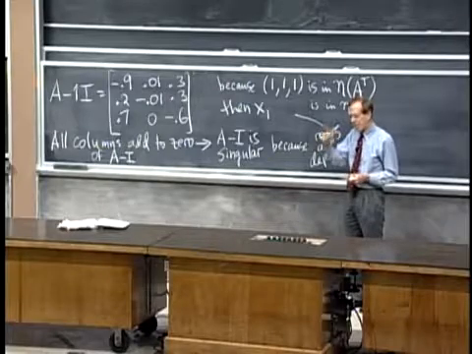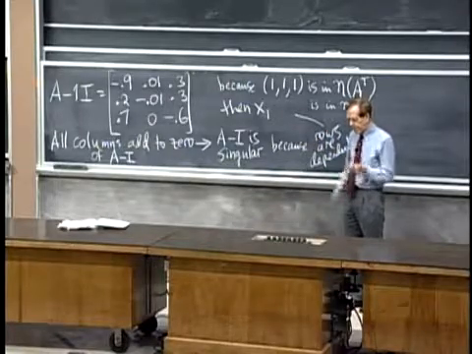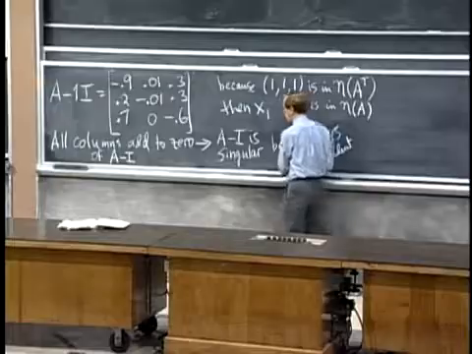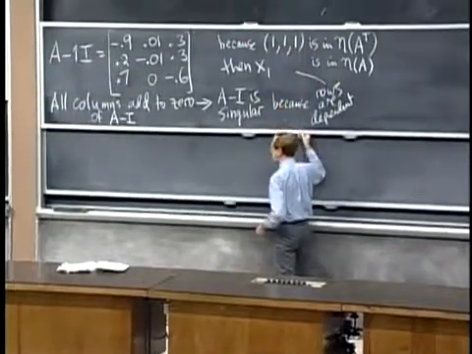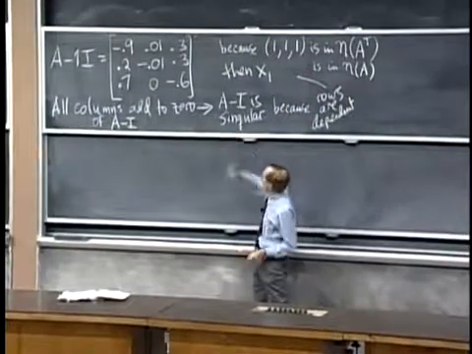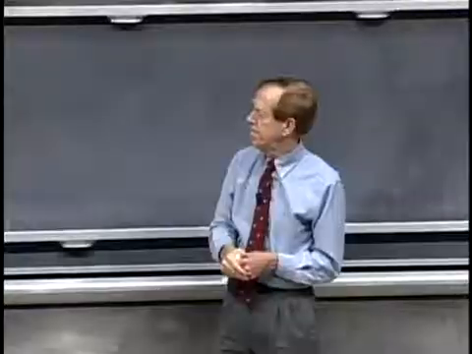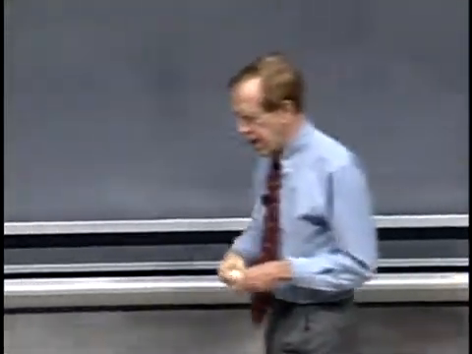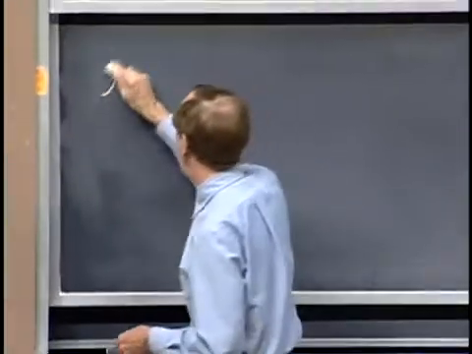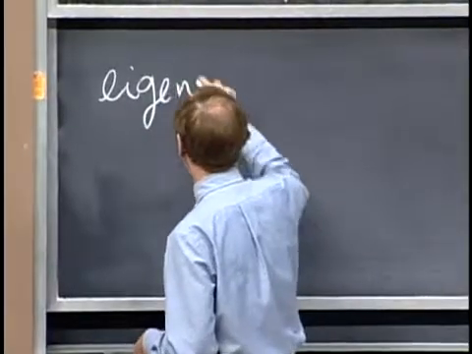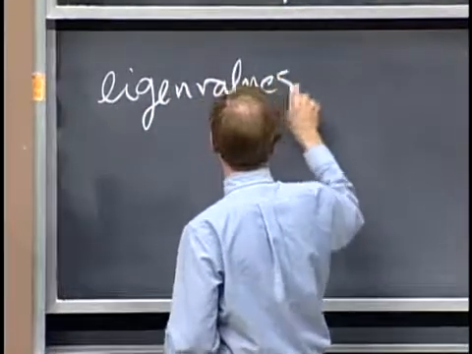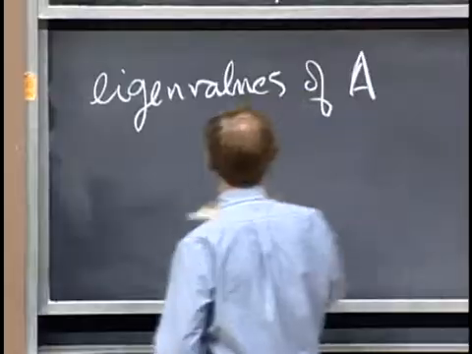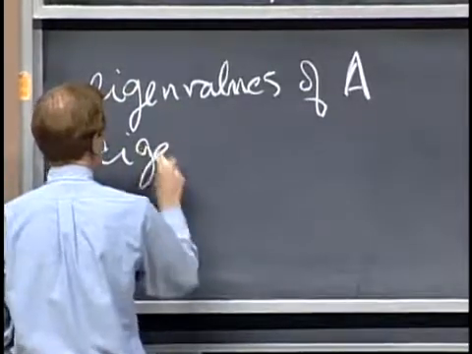Another thought came to me as I was doing this. Another little comment about eigenvalues and eigenvectors because of A and A transpose. What can you tell me about eigenvalues of A, and eigenvalues of A transpose?